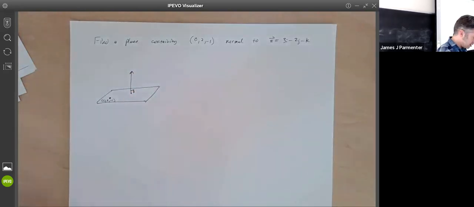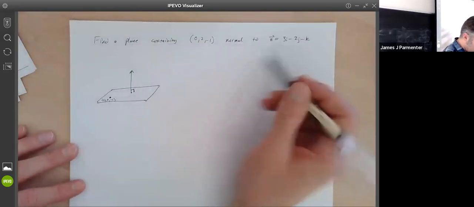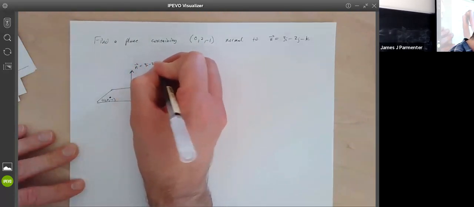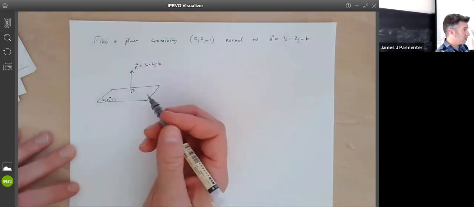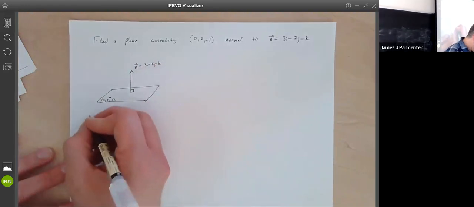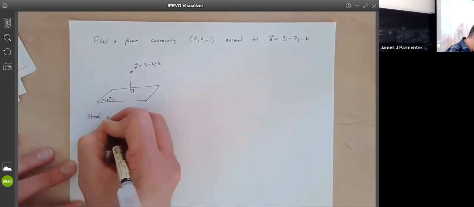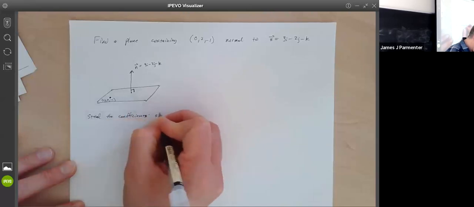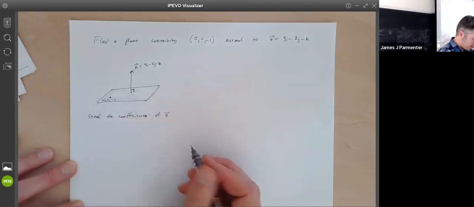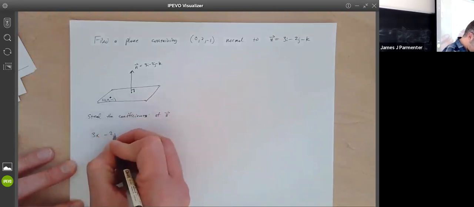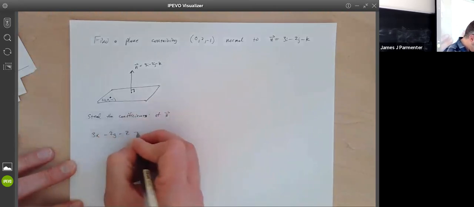So one way of doing this is just by using the coefficients like we already think we can, meaning if this vector is normal to it, then the plane equation should have the coefficients 3, -2, -1. So we can, quote unquote, steal the coefficients of our normal vector n and say, all right, I know I'm going to have 3x minus 2y minus 1z equal to some constant.